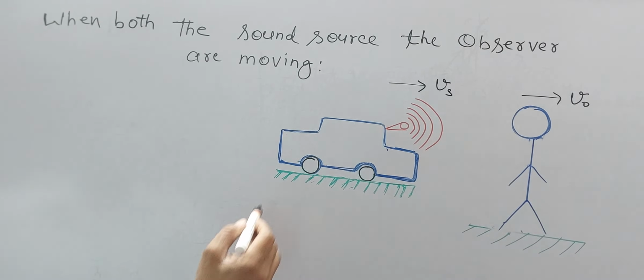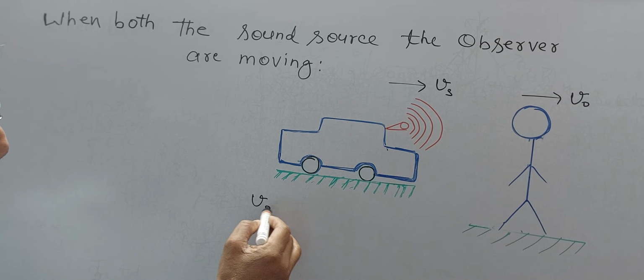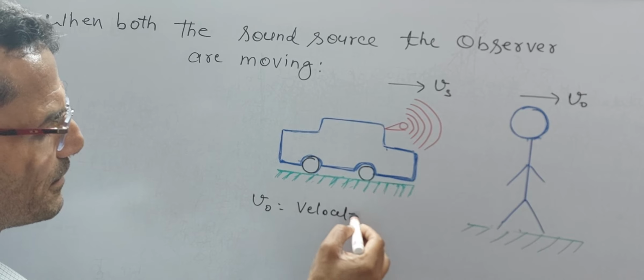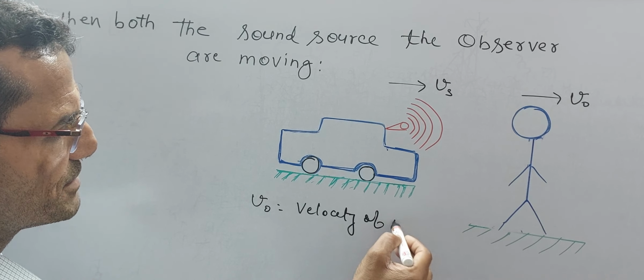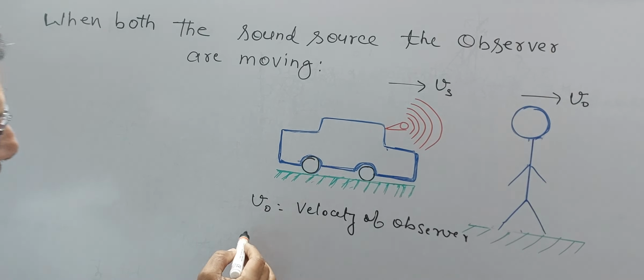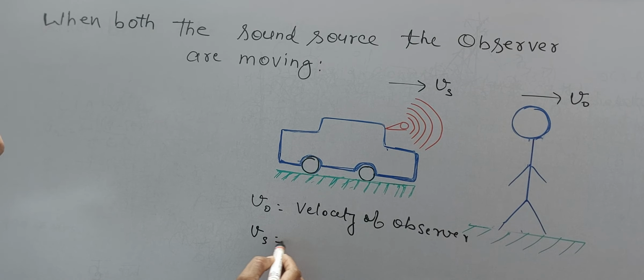So here VO is the velocity of the observer, and Vs is the velocity of the sound source.